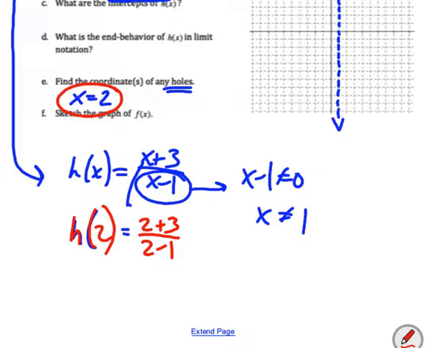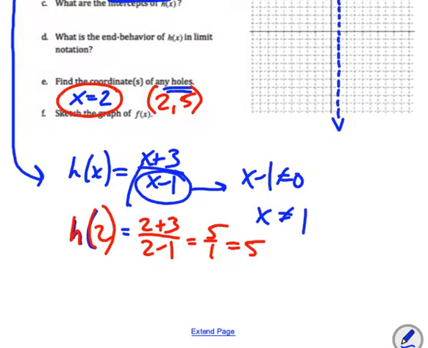And what that reduces to for us is just 5 over 1 or 5. That's the y-coordinate, right? That's the value of the function when x is equal to 2. So, the coordinate point for that hole is going to be at 2, 5. Again, just putting it back in that simplified function.